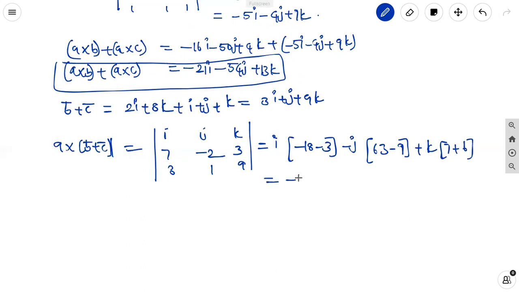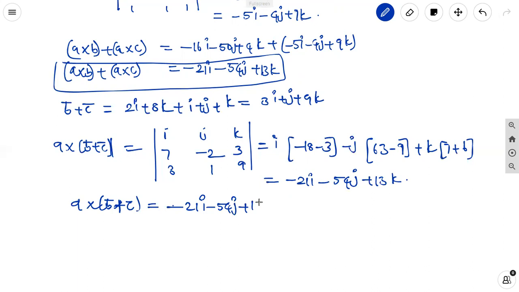It is equal to minus 21i, minus 54j, plus 13k. Both are the same here. A cross (B vector plus C vector) is equal to minus 21i minus 54j plus 13k.